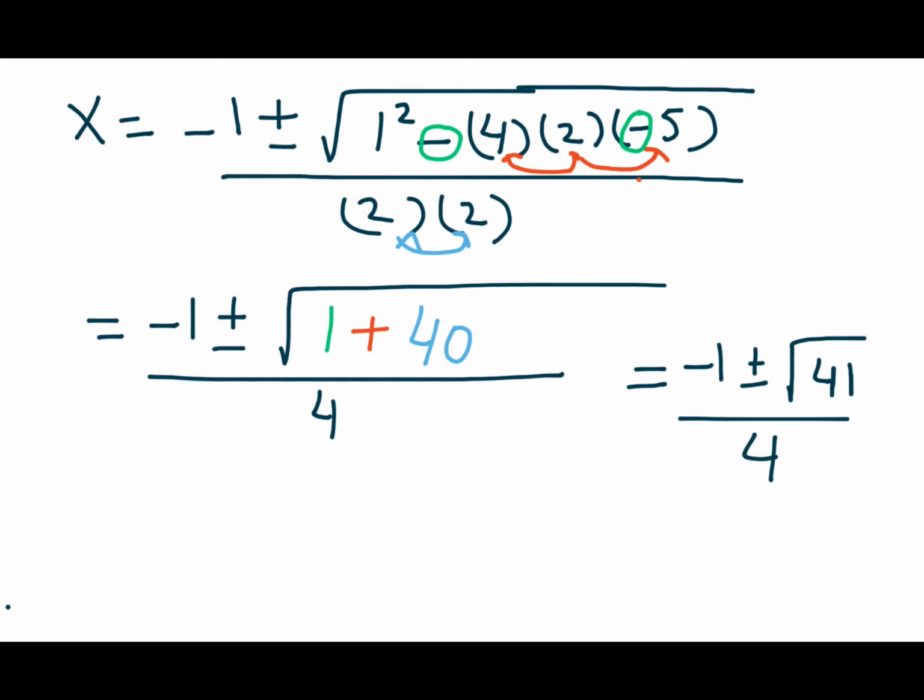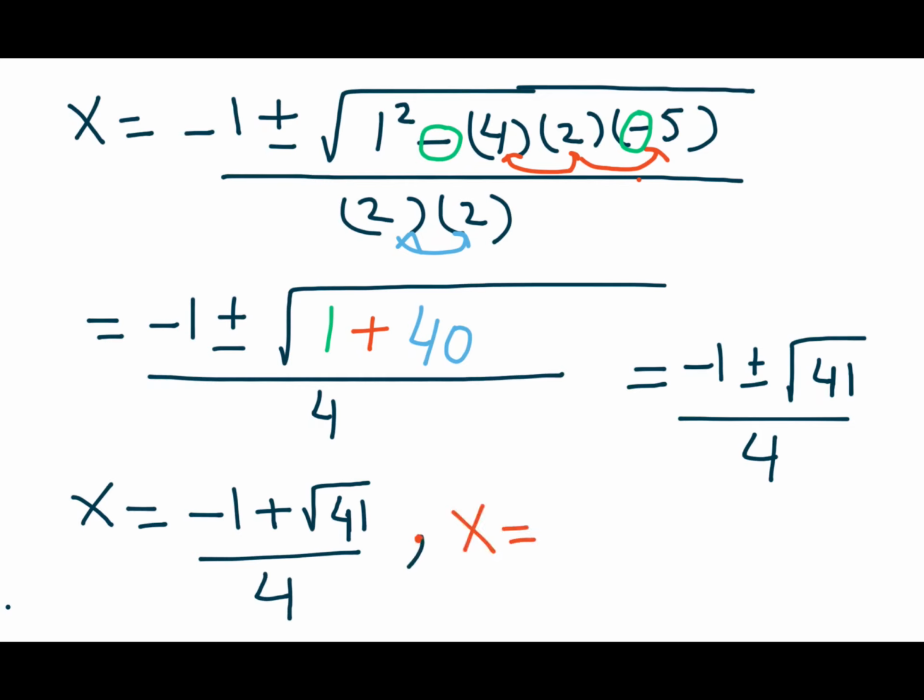x equals minus 1 plus the square root of 41, divided by 4, and the other solution is x equals minus 1 minus the square root of 41, divided by 4.